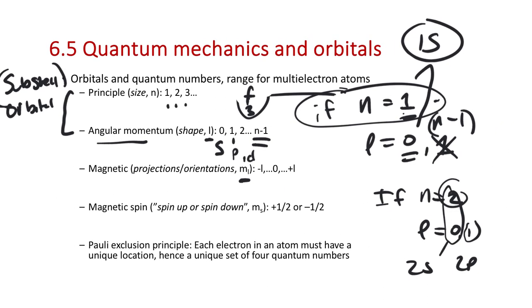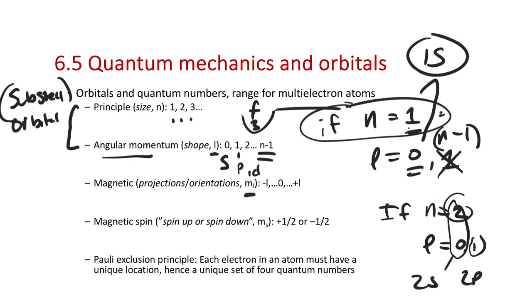So if we look at n equals 1, L equals 0, what's the range of m sub L values? Minus L to plus L through 0. So the only m sub L possible is 0. So there's just one 1s orbital. In the 1s subshell, there's only one orbital.